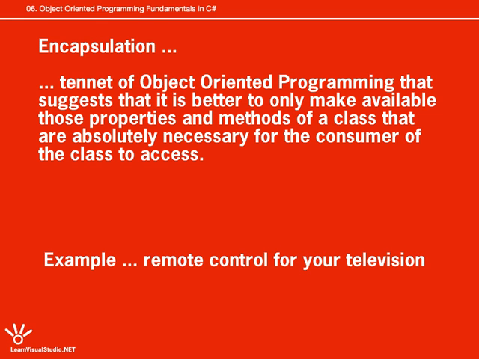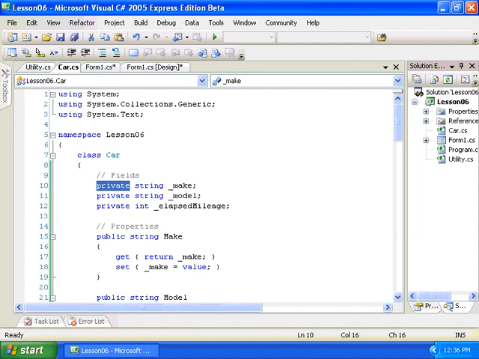control's plastic exterior. And when you're creating classes, you will want to keep the complexity of how the class works hidden from the code that wants to create and use an instance of that class to accomplish something in an application. So there are some things that you want to keep private and some things that you want to make public.